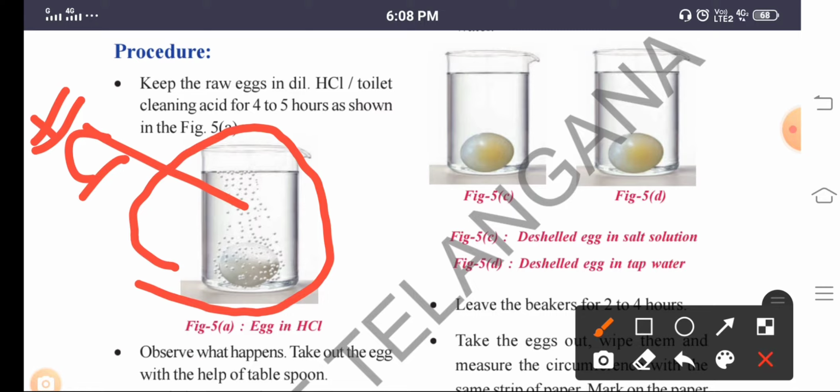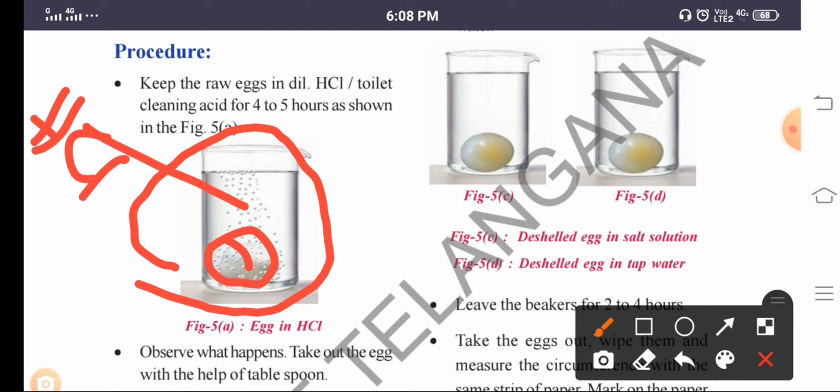Otherwise it is best to pour HCl into the beaker. Now leave a raw egg in it. After pouring HCl into the beaker, we have to leave the raw egg in the beaker.